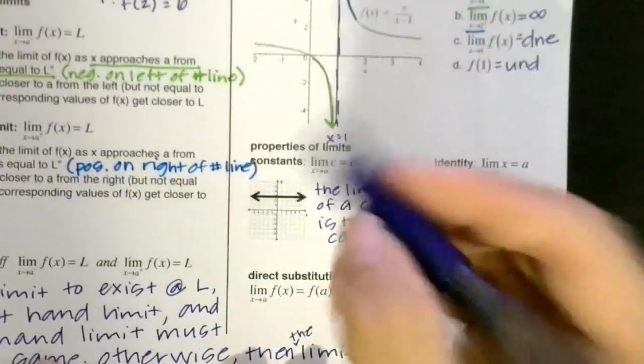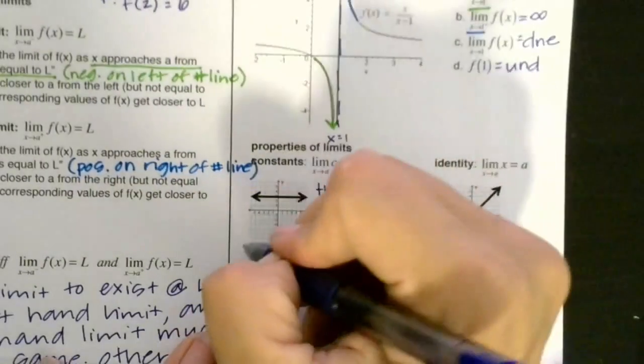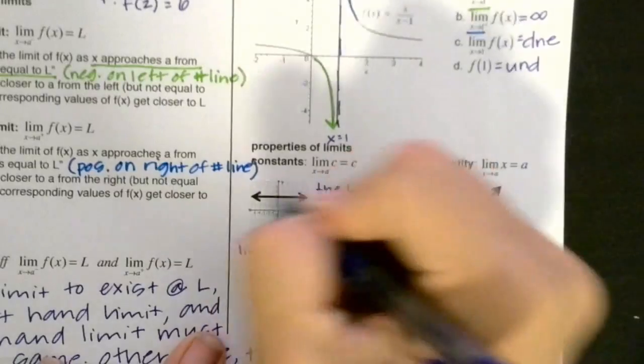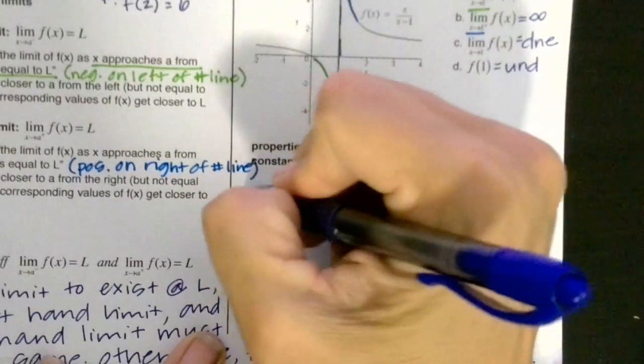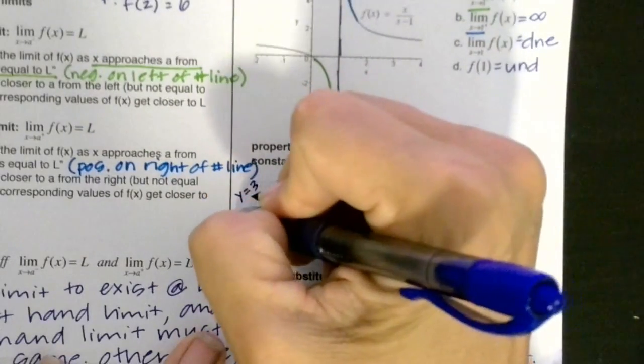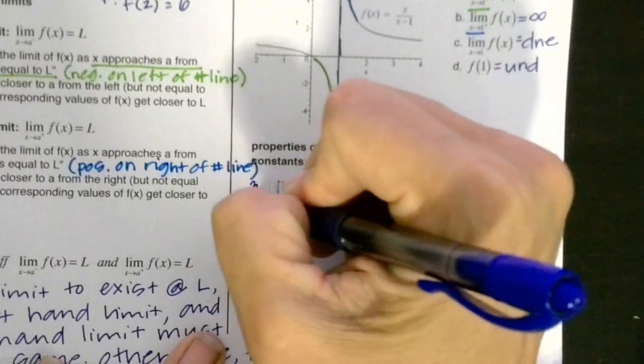So what that is saying is, it doesn't matter what value of x you're approaching, it'll always be the same number. So for example, right here, I have this graph, y equals 3, or we could write f of x equals 3.